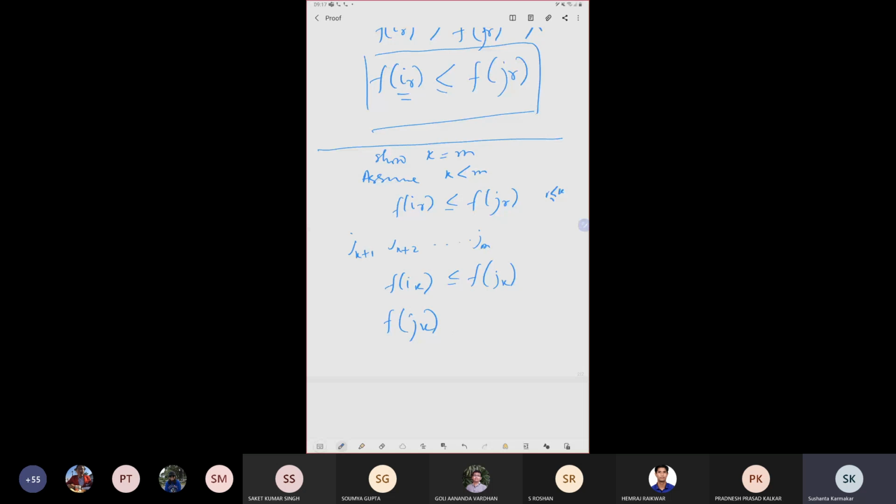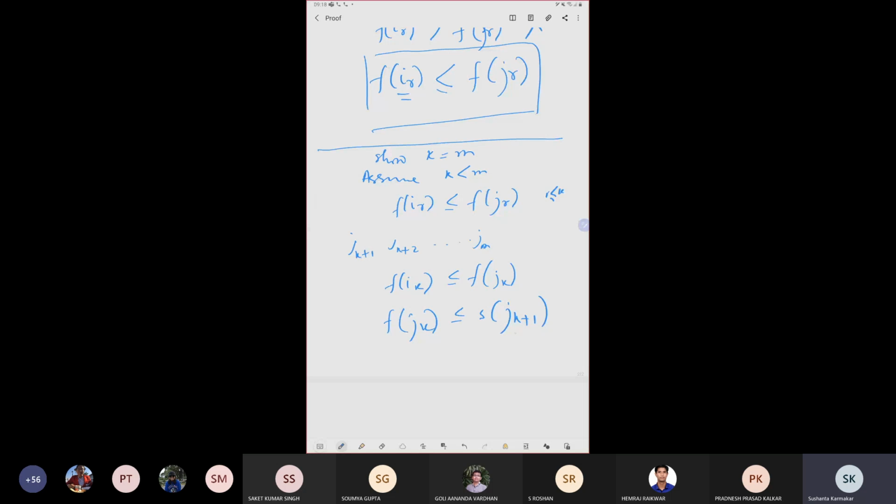That means if you look at the optimal algorithm only, the kth interval must be compatible with the k plus 1th interval. The finish time of the kth interval in the optimal case must be smaller than the start time of the k plus 1th.